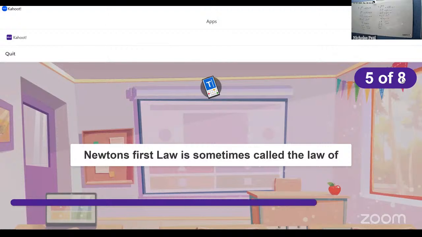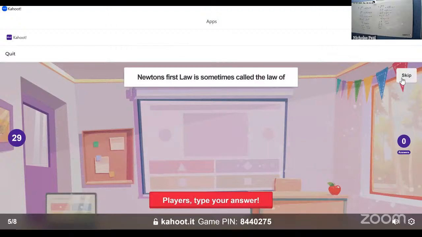Spell it right, yeah? R. Yeah, that's right. That's right.